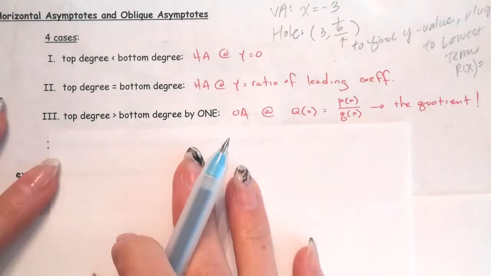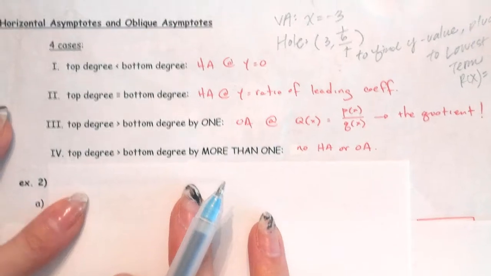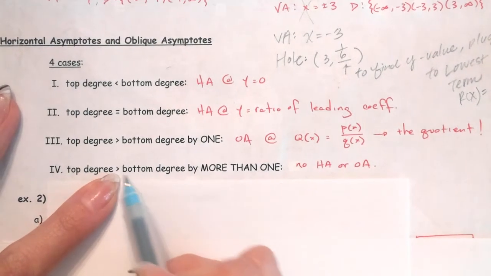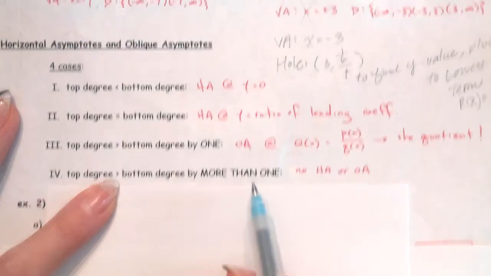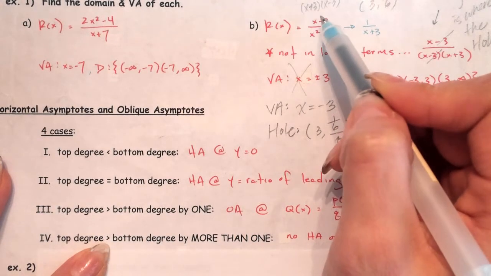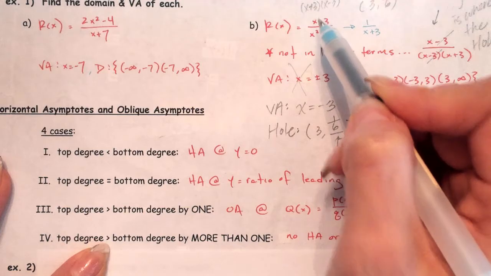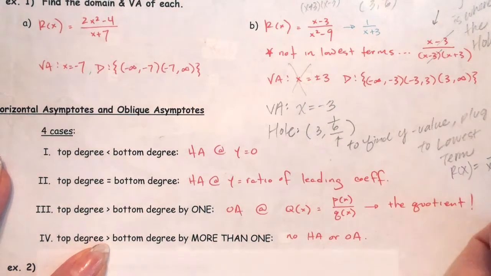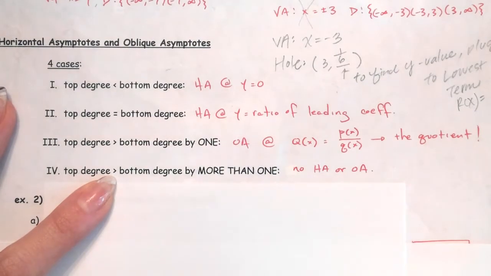I'll show you one of those in a little bit. Okay, the last case is if the top degree is bigger than the bottom degree by more than 1. So if this was like an x to the 4th or an x to the 5th, then it's more than 1 degree higher than x squared. That means that there's no horizontal asymptote, and there's no oblique asymptote.